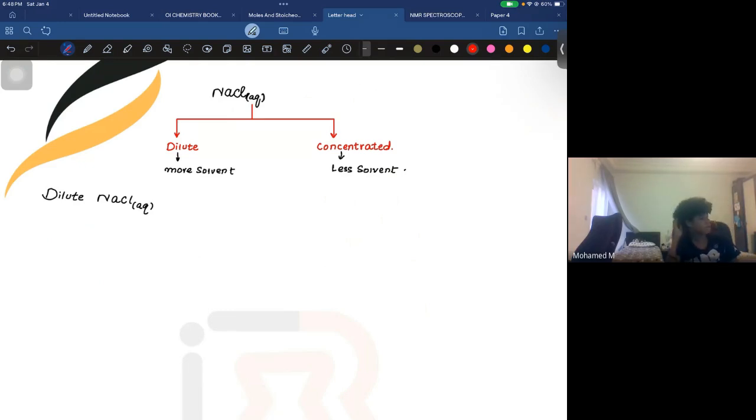When you pass electricity, it would affect water as well. You cannot expect that only the sodium chloride would break down into its ions, but the water would also break down, like H2O. So after providing electricity, you would be getting a total of four ions.